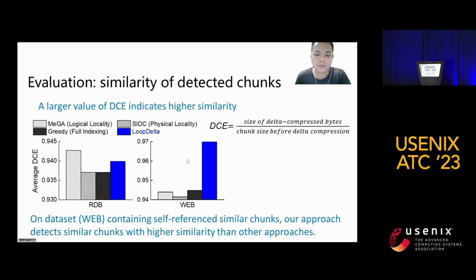This dataset contains a significant amount of self-referenced similar chunks. On the RDB dataset, our approach also achieves a higher DCE than the physical locality-based indexing technique and the full index technique, but a lower DCE than the logical locality-based indexing technique.